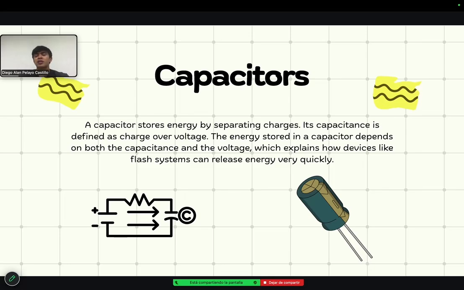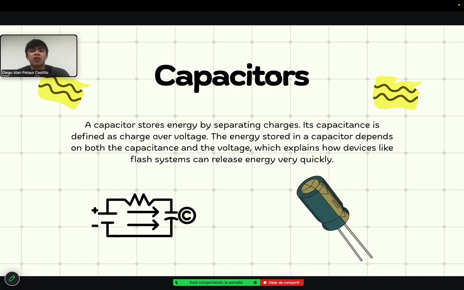Another thing that is important to understand, and that we saw through our challenge, is the discharging process. When the capacitor is connected to a circuit, the stored energy is released.